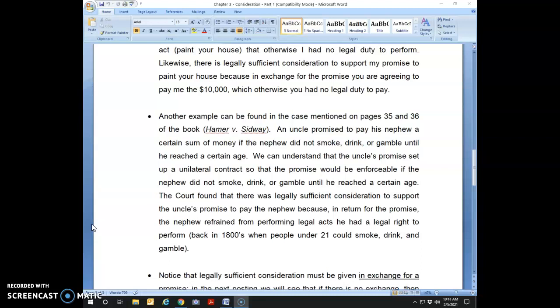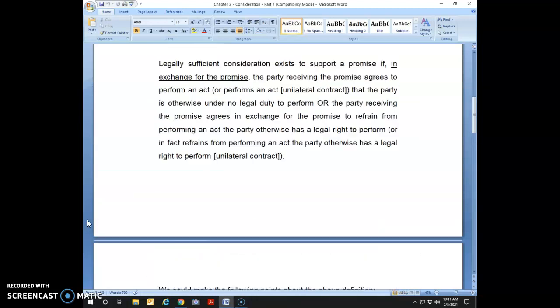And the significance of the case is the court said the uncle didn't have to receive anything of value. Once again, the uncle didn't have to receive anything of value. There was legally sufficient consideration because in exchange for the promise, the nephew, and I'm going to go back up, refrained from performing an act he otherwise had a legal right to perform.